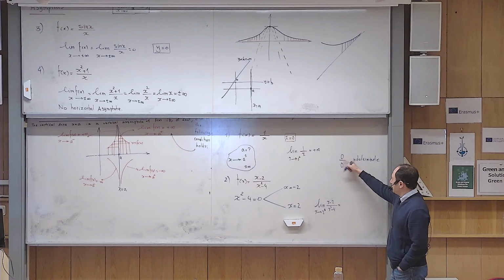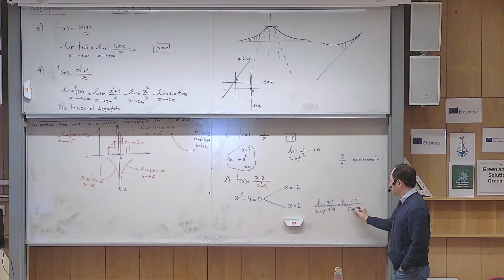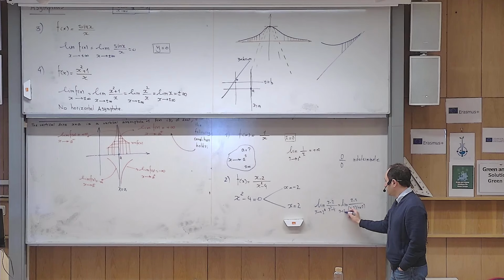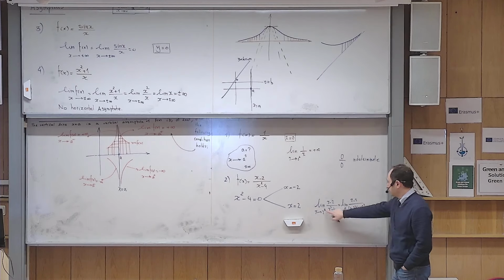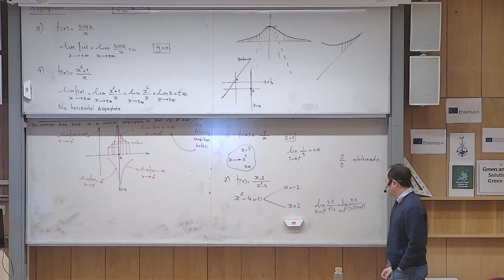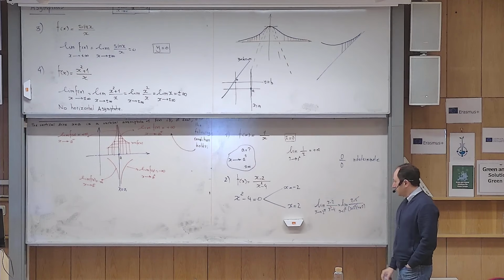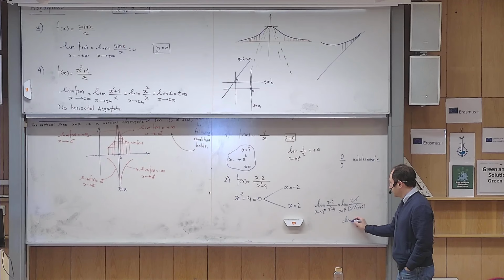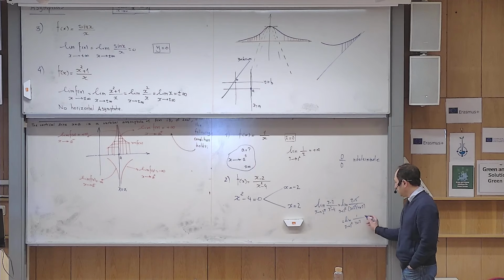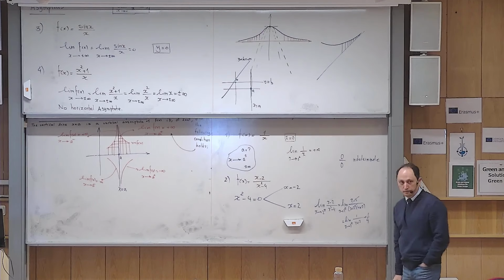I have to get rid of this indeterminacy. So how should I do that? Extremely simple. I factorize it. x goes to 2 from right or from left. But then you see that this one and that one are gone, so this becomes the limit of 1 over x plus 2, x goes to 2 from the right or from the left, but in either case the answer becomes 1 over 4.